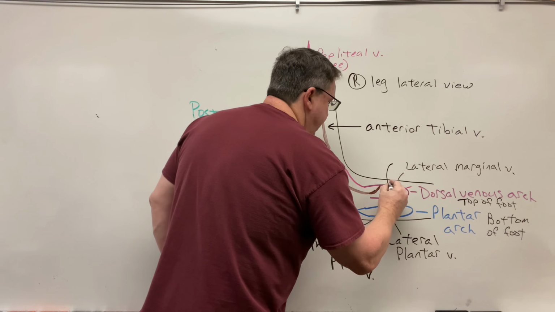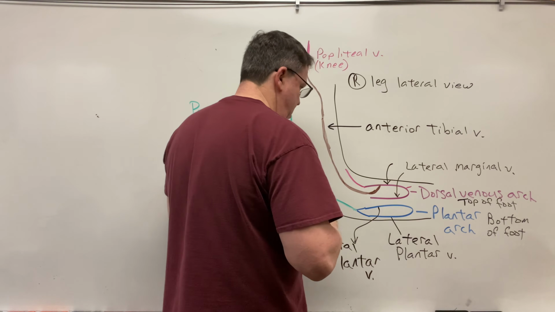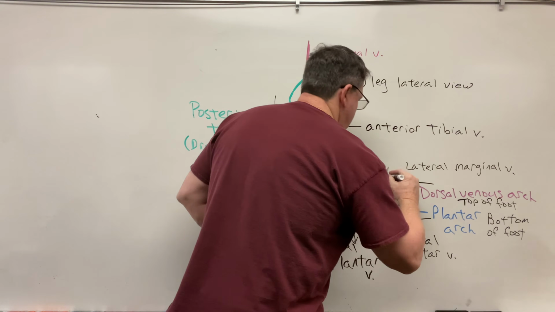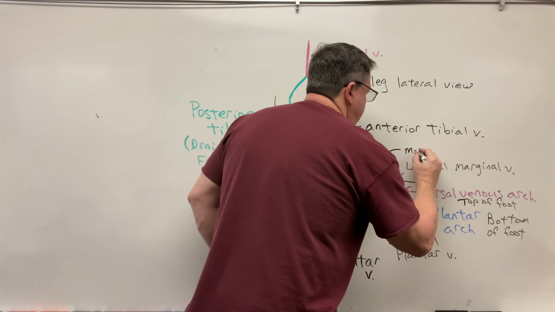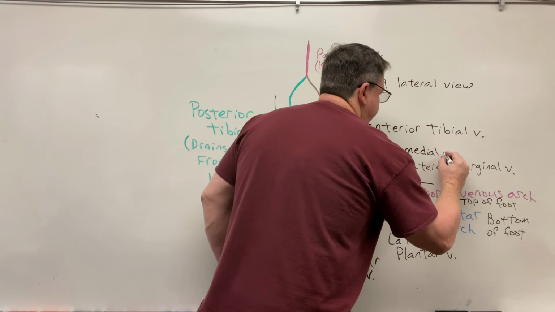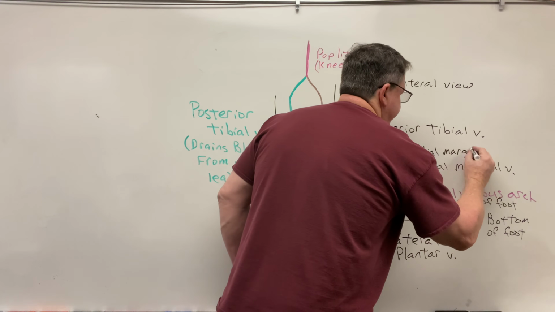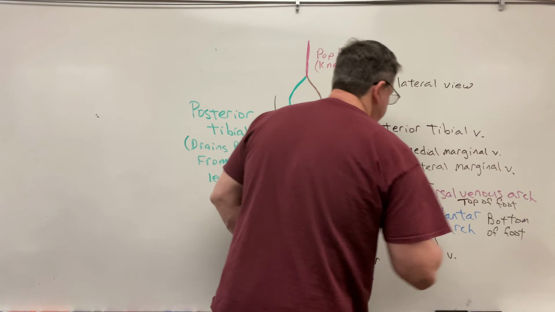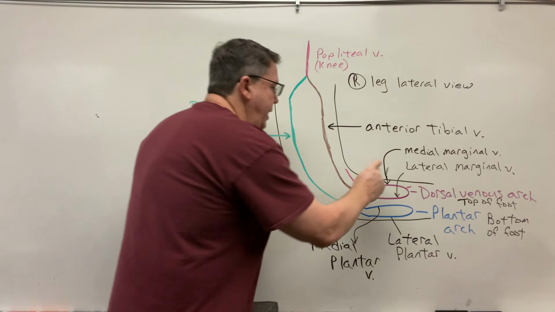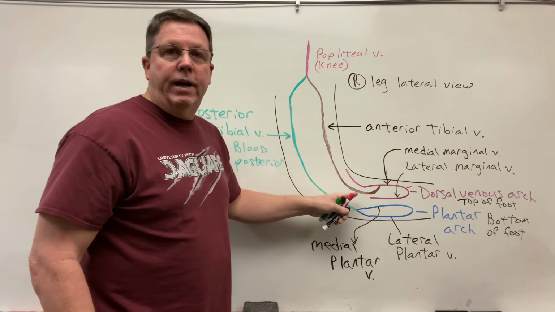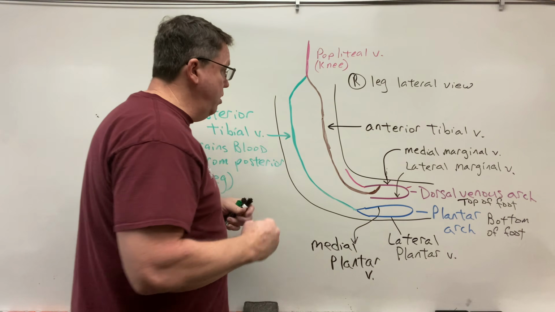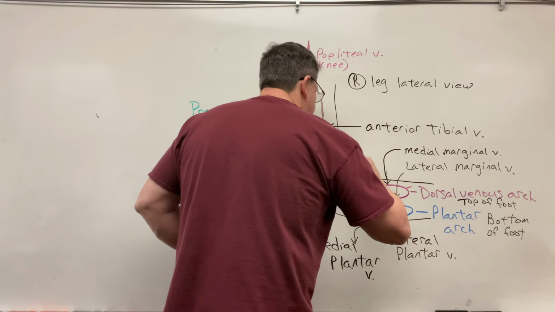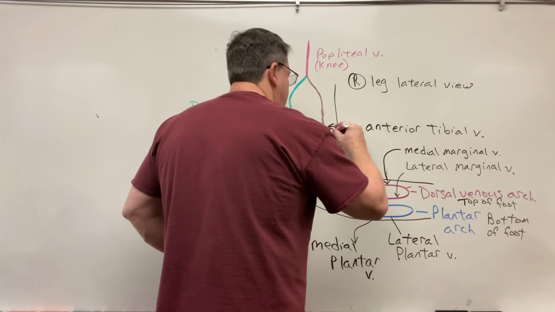And this part that's right here is called the medial marginal vein. Okay? So now, my medial marginal vein that's right here is going to continue and it's going to go up.